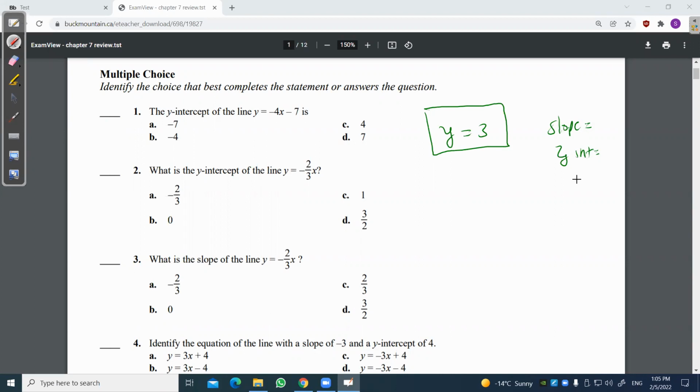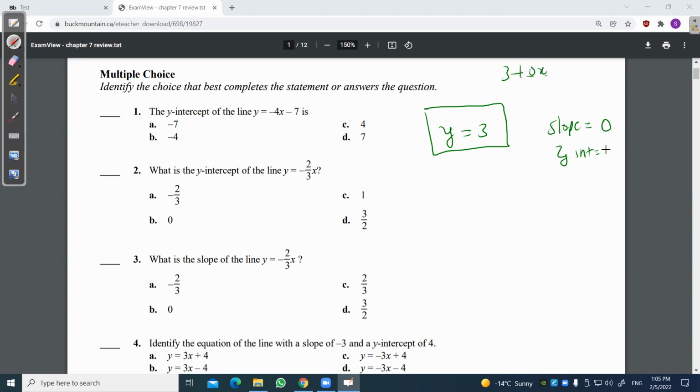So slope is a number that's being multiplied with x. Is there an x here? No, so that means what's the slope? It is a big fat 0. Because there's no x, or you can write it as 3 plus 0x or something.